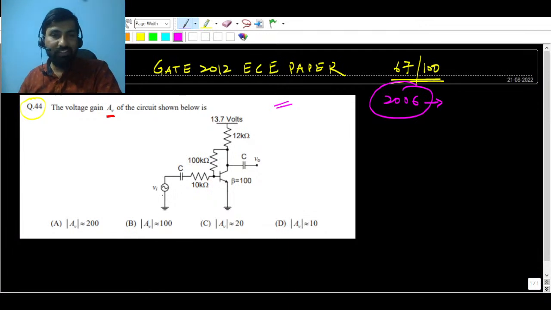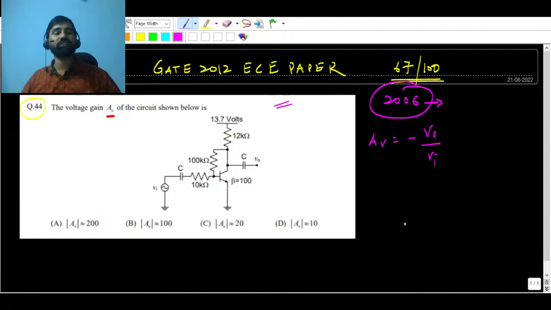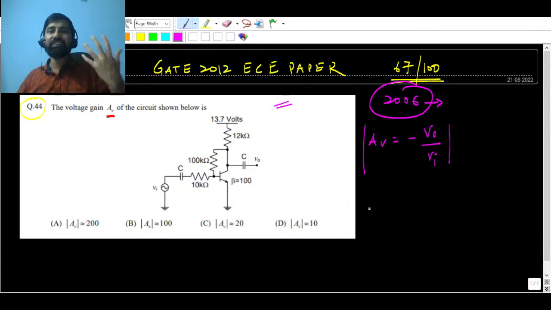They are asking the voltage gain AV. We have to calculate the magnitude, so we don't have to worry about the negative sign.